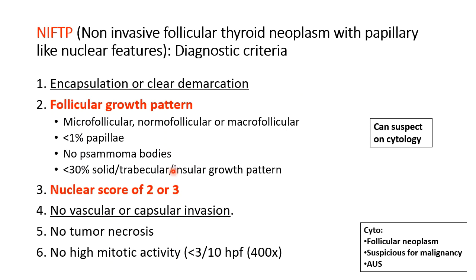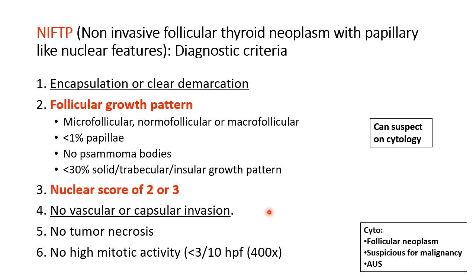So we can only suspect this entity on FNAC, looking at the follicular pattern as well as the nuclear features, but the definitive diagnosis of NIFTP cannot be given on FNAC because definitive diagnosis requires encapsulation of the lesion and it requires that there should be no vascular or capsular invasion.